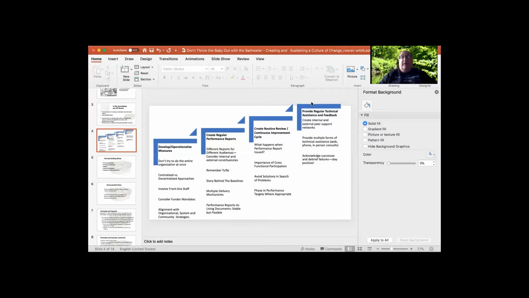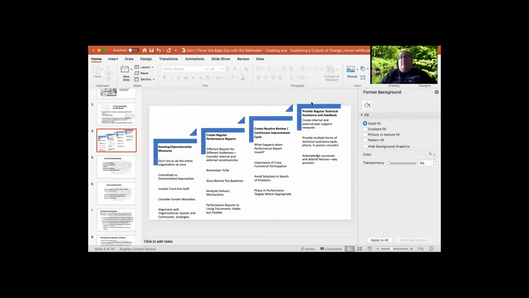Remember that you might need different reports for different audiences. And when you do that, you have to think about both internal constituencies, people within your organization, and also perhaps people outside your organization that might find these reports of value. Just remember everything we talked about regarding Tufte, right? Because as you're developing these reports, you want them to be easy to use and easy to understand.